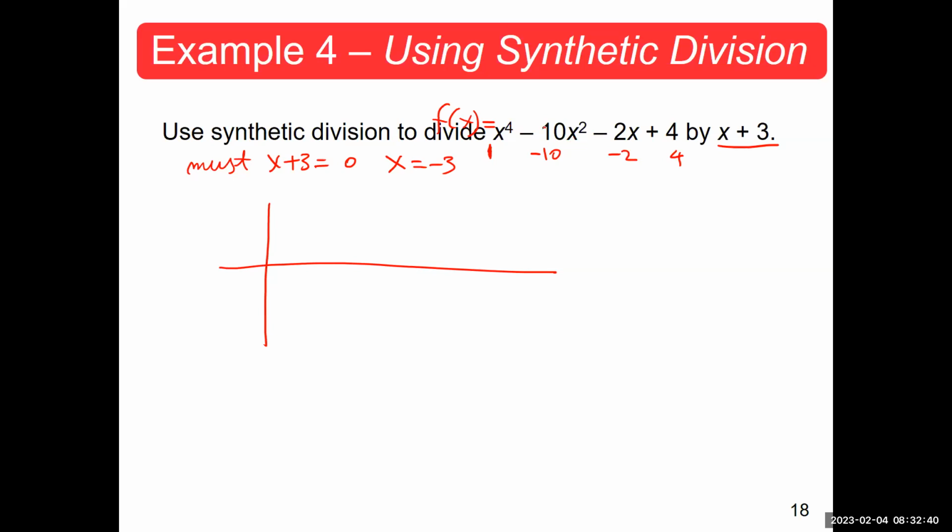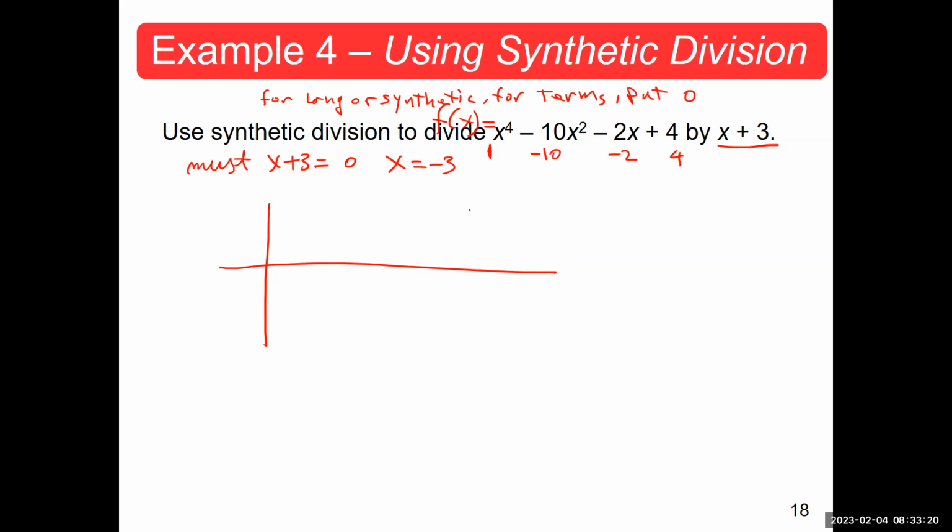Where is the power 3? When we do dividing, long or synthetic, for missing terms, put 0.